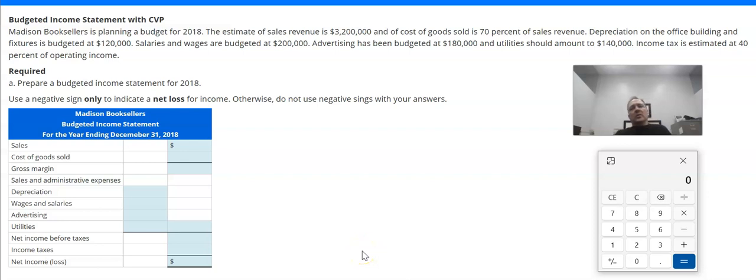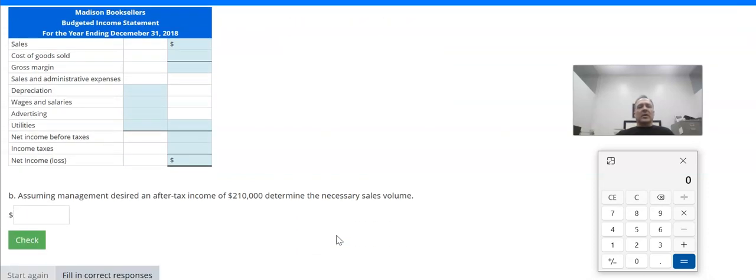All right, so got another little exercise here we're going to look at. Budgeted income statement with cost, volume, profit analysis. A lot of these figures in this particular question are provided to us, so we don't have to do a whole lot to get most of this correct.